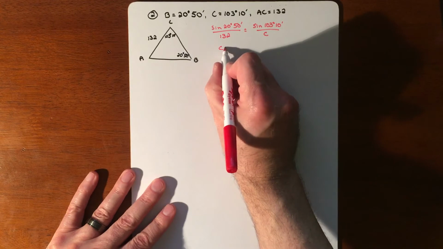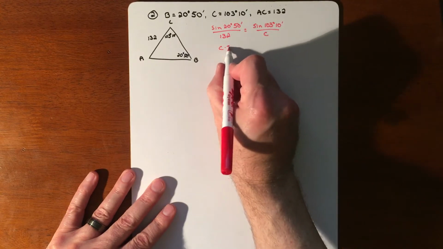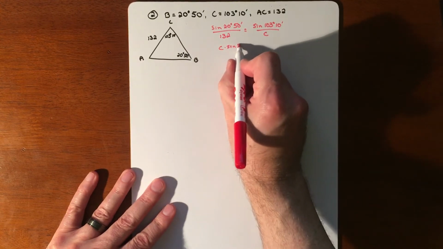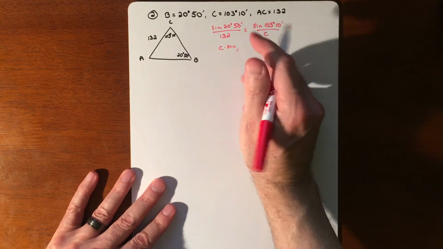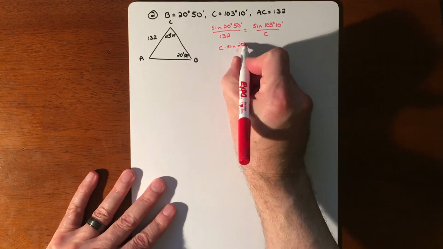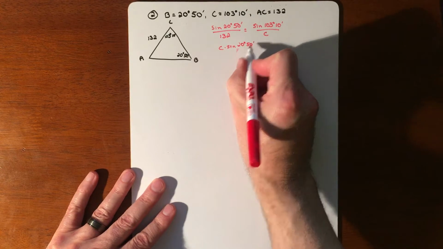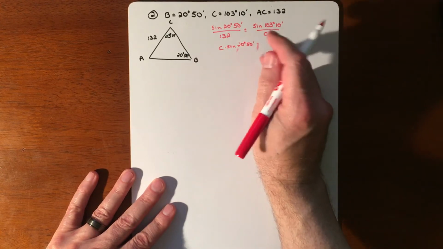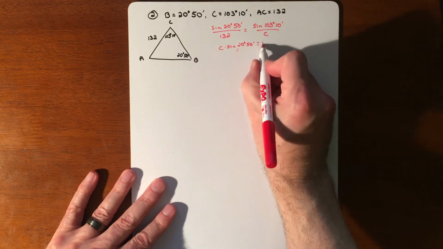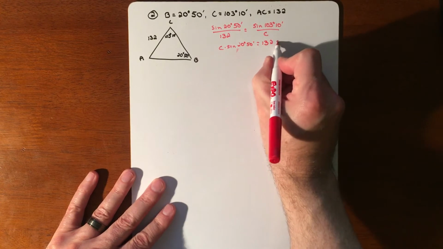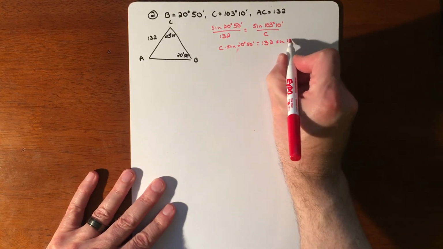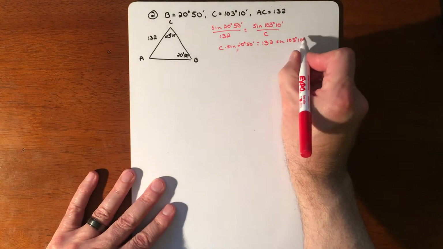So C times sine of 20 degrees, 50 minutes is going to equal 132 sine 103 degrees, 10 minutes.